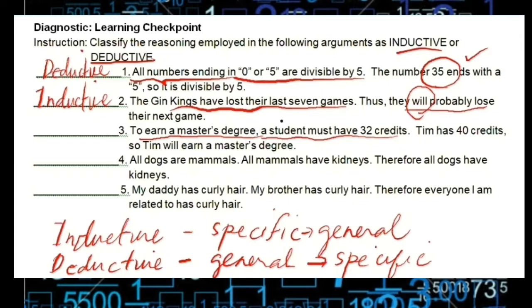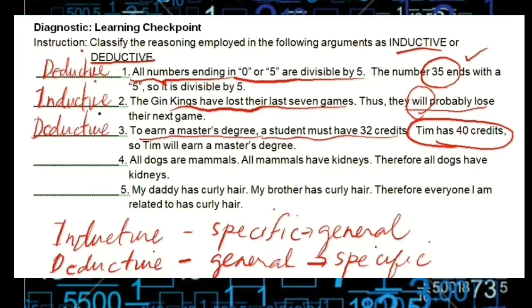A person should earn 32 credits to become a master's degree. Okay, so rule siya, general rule. And then, nagbigay ng specific example. Specific example, si team. Lagpas na nga siya sa 32 credits, naka-40 siya. So, team will earn a master's degree. So, rule to specific example, that is deductive.